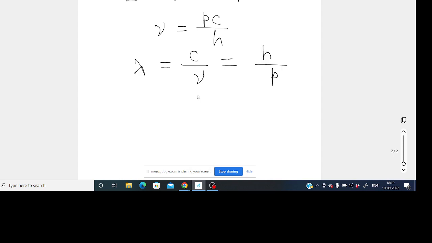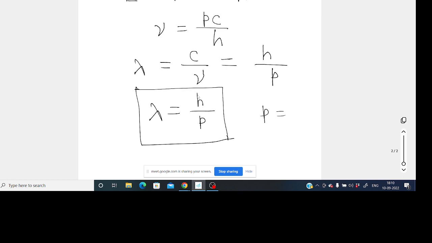Right. So lambda equal to h by p, or p equal to h by lambda.